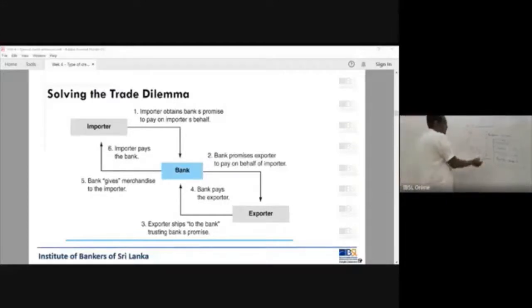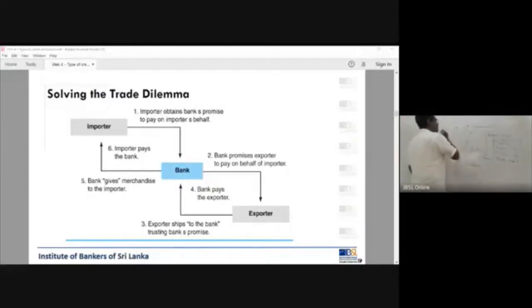These two people do not know each other. Therefore, Mr. Pereira and Saravanamuthu want some contract. The first one is the contract. So he sends a pro forma.